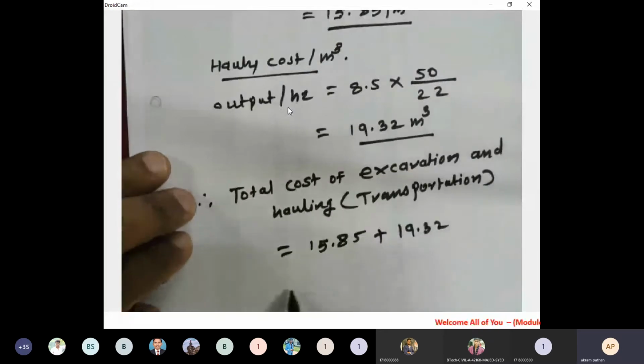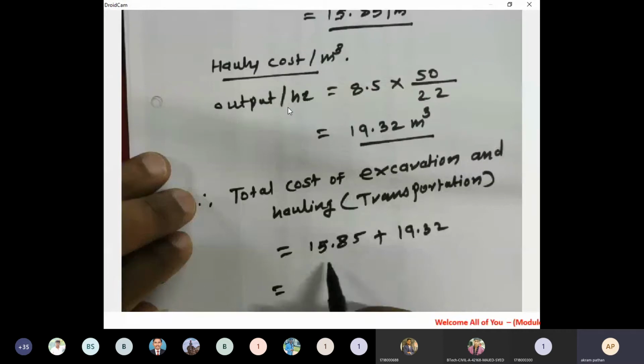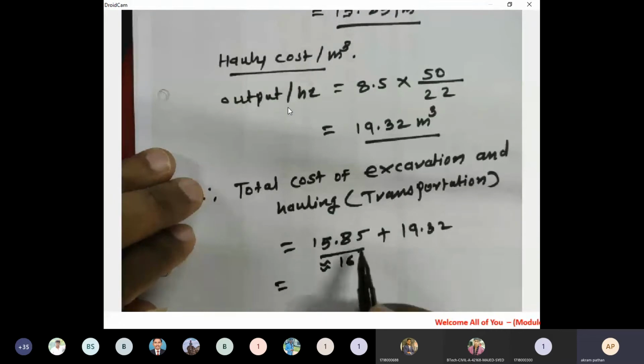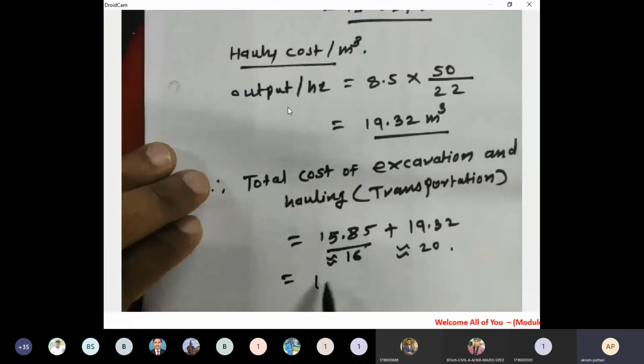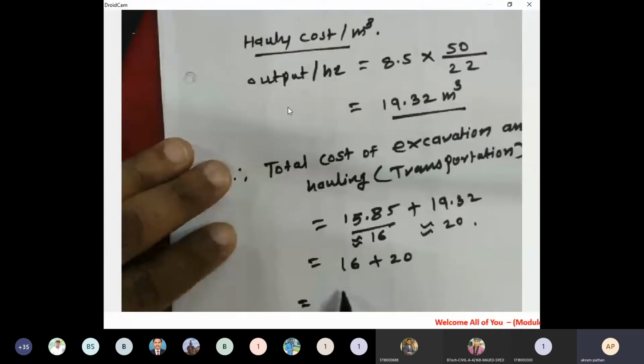Okay, so this will become, and if we take this as equal to 16, this is the cost of excavation, and the cost of transportation, for example, is again equal to 20. So 16 plus 20, so 36 per meter cube.